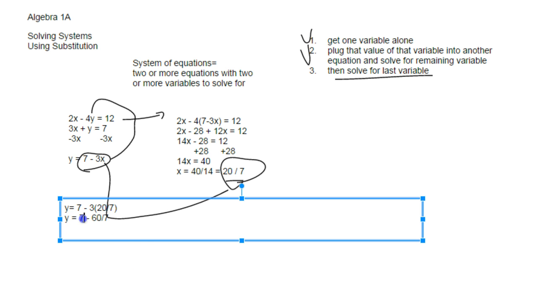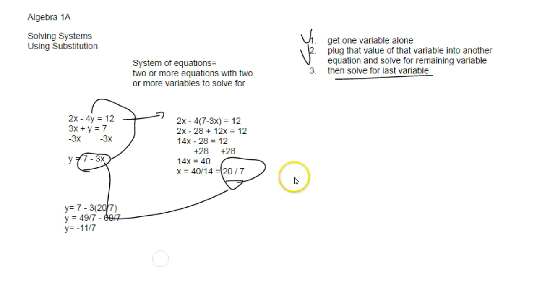I need a common denominator on both, so I'm going to make that 7 over 1, which becomes 49 over 7. And 49 minus 60 is going to be negative 11. So y equals negative 11 over 7.